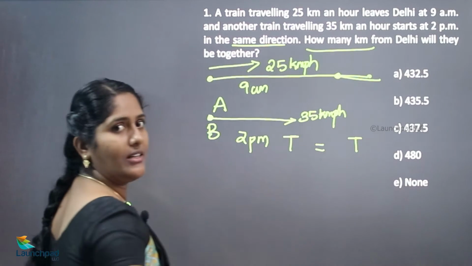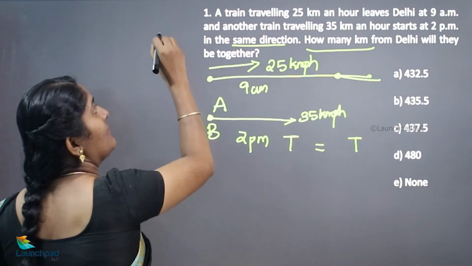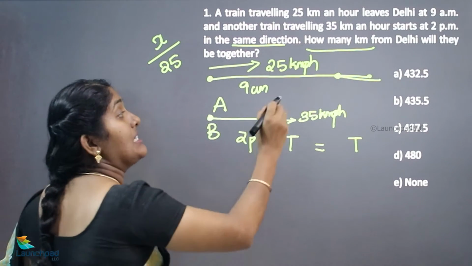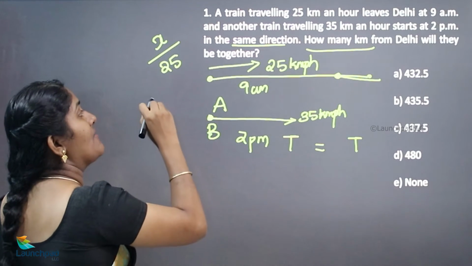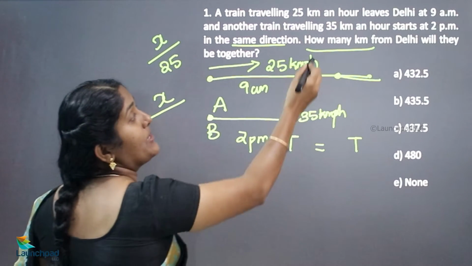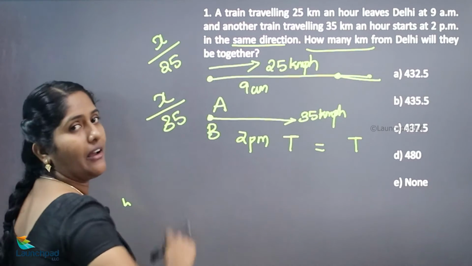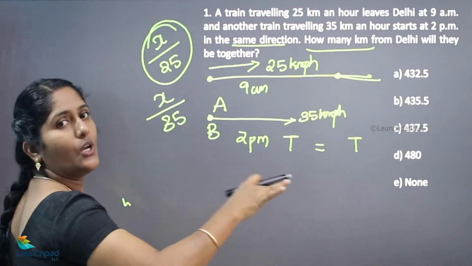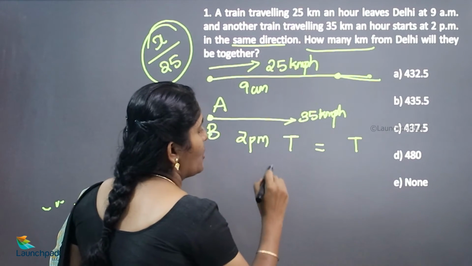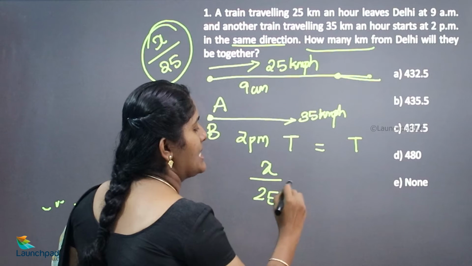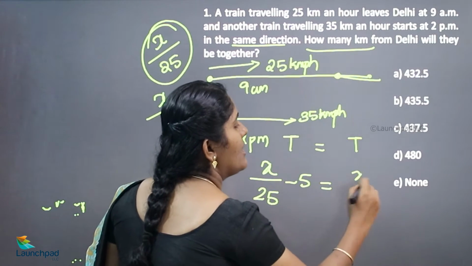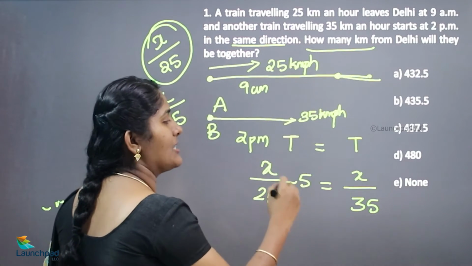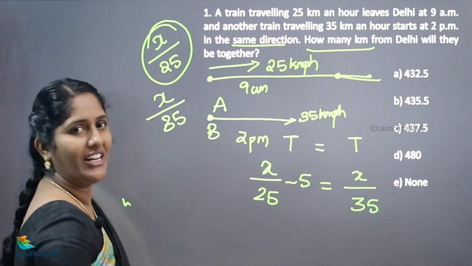How I am equating the time: the first train travels x kilometers at 25 km per hour, and similarly the second train travels x kilometers at 35 km per hour. So I can subtract 5 hours, and then the times will be equal. So x by 25 minus 5 is equivalent to x by 35. Minus 5 hours means both times will be equal here.